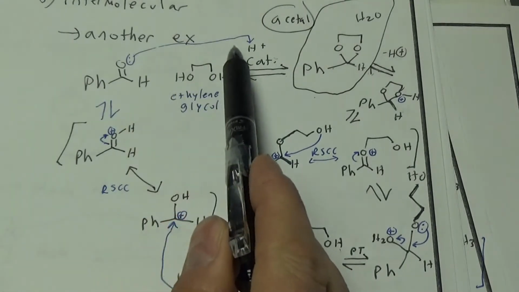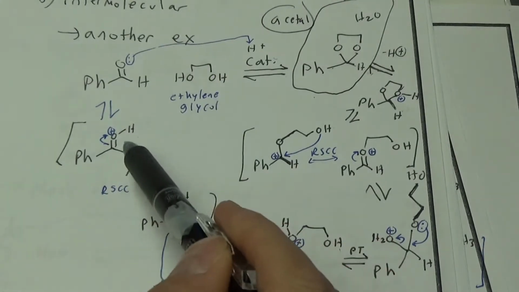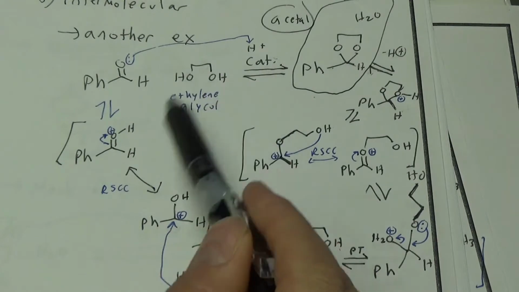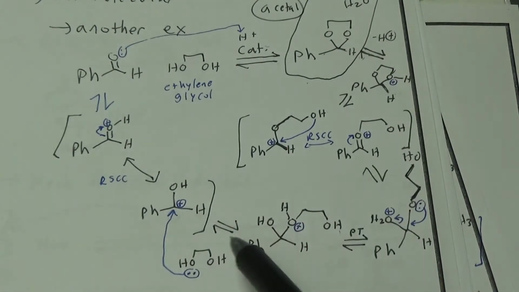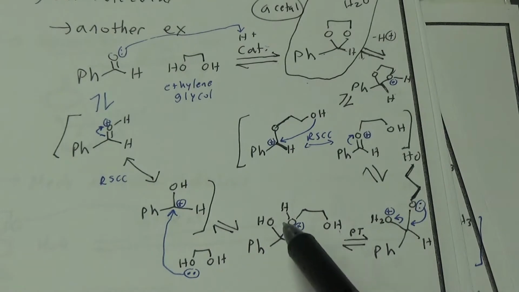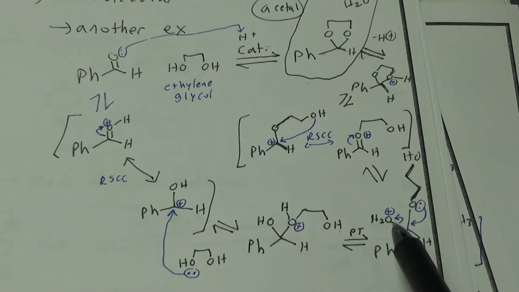Protonate the aldehyde. We like to say protonate and then resonate. So we protonated it, then we resonated it to the RSCC, alcohol attacked, and then you have an oxygen with 3 bonds to it. It's positively charged. Proton transfer from the incoming oxygen to the oxygen that's going to be kicked off, right?